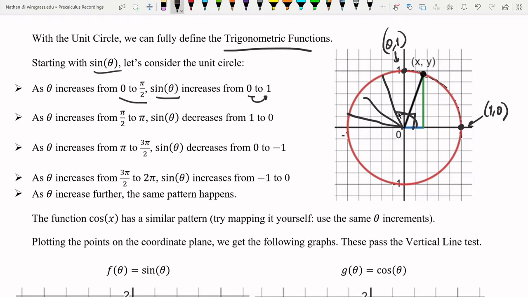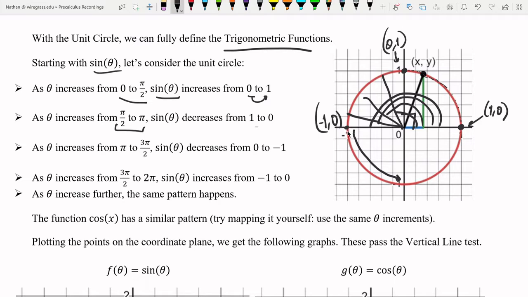Then as we increase further, this angle, then this one, and all the way to the straight angle, the y coordinate is decreasing. At this point, it's going to be at 0 again. So from pi over 2, 90 degrees, to pi, which is 180 degrees, sine of theta decreases from 1 to 0. Then we go around the circle again.